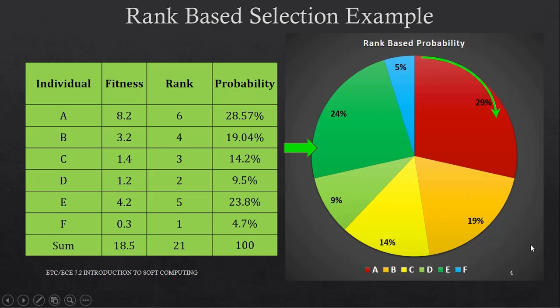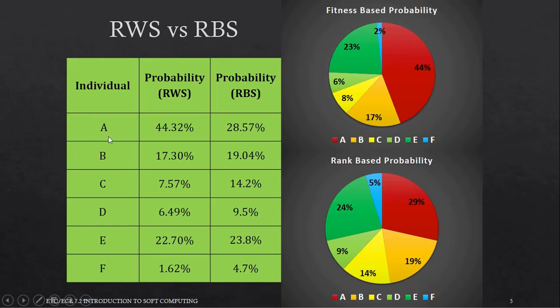Pause the video for a minute or two and observe how rank selection has improved the probabilities of the population to be selected to eventually move towards a globally optimum solution. A was previously enjoying all the privilege and hijacking the wheel and eating up maximum opportunities of getting selected. But now it has been tamed down to 28.57%.